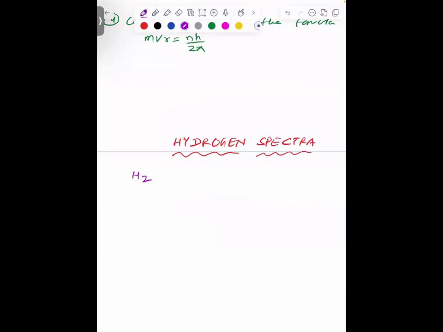If we give energy to H2, it will be converted to hydrogen atoms, because by observing bond dissociation enthalpy, the bond will be broken. So H2 will be converted to two hydrogen atoms.